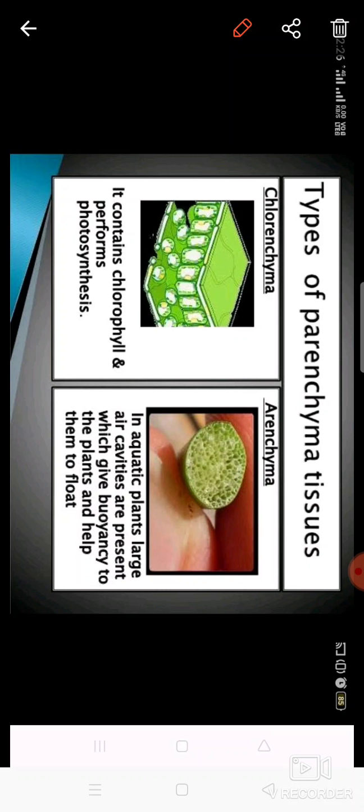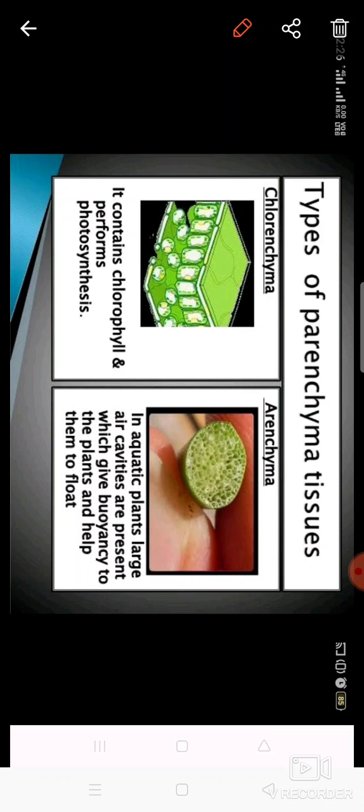Sometimes these can change into meristematic tissue, and they help in regeneration and healing also. These store water also in plants which are present in desert areas, because they have large vacuoles, so they carry out these kinds of functions.